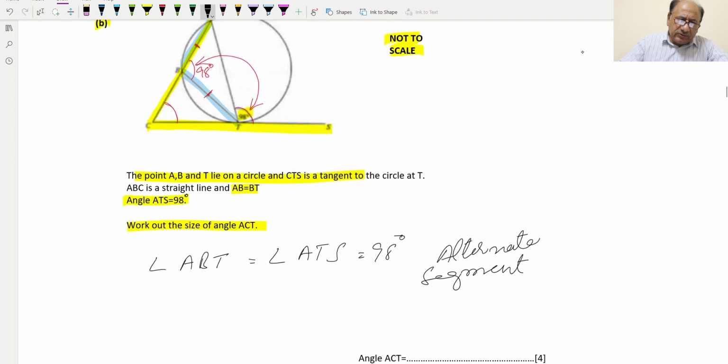And then next, we can say this angle, which is angle BAT.